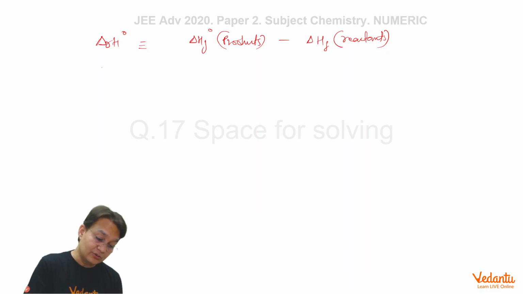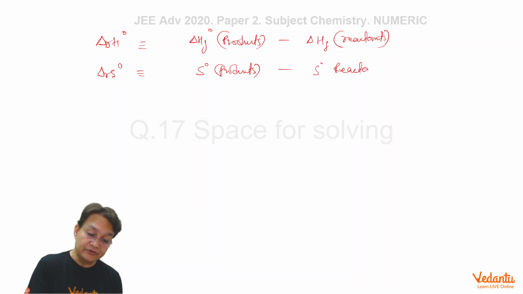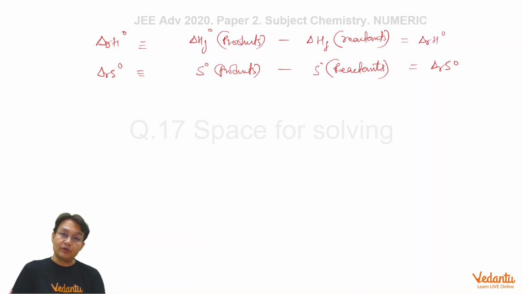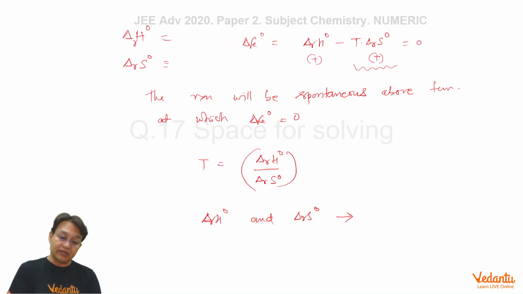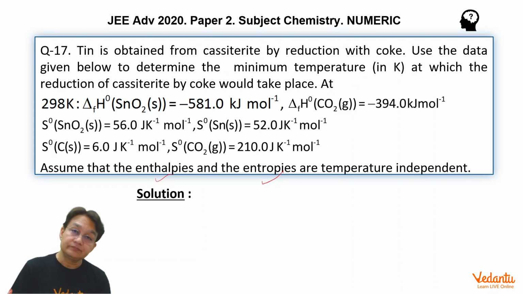Delta RS naught is equals to standard entropies of products, which are given, minus standard entropies of reactants. Doing this, you will be calculating delta RS naught and delta RH naught, and by substituting these values, you will get the temperature at which this reaction is going to be at equilibrium, and above that temperature, the reaction is going to be spontaneous.